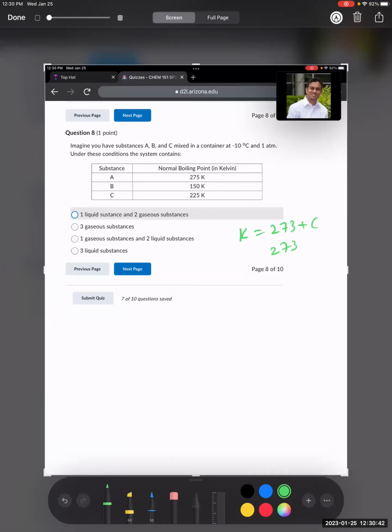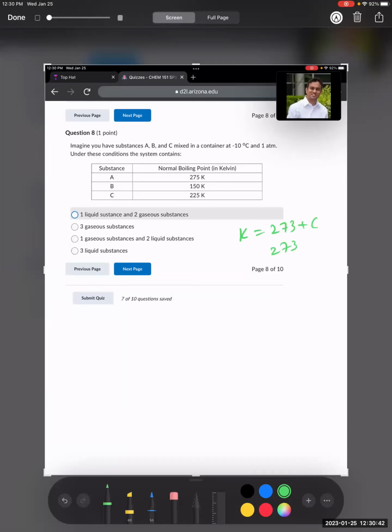Okay, so here's the temperature line. Here's the boiling point of A, 275, and here's the boiling point of C, 225, and here's the boiling temperature of B, which is 150 Kelvin. Your temperature is 263 Kelvin, which is around here.